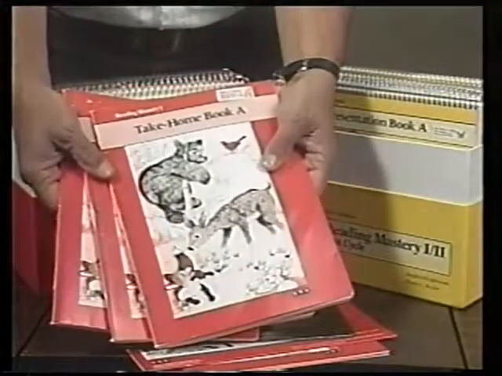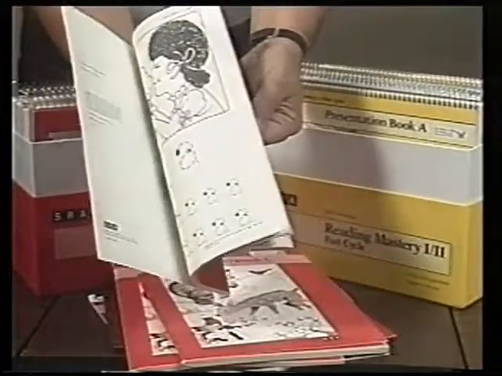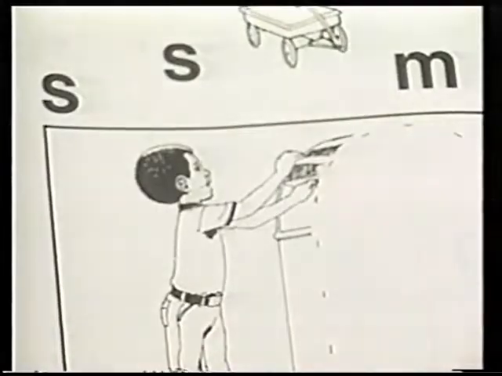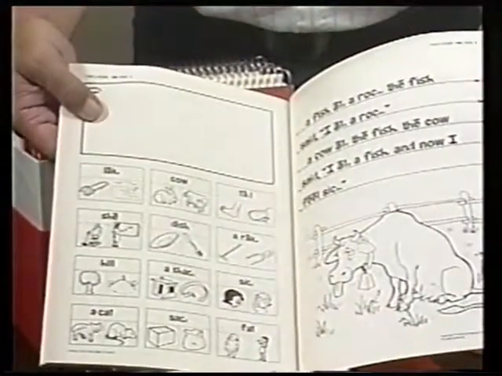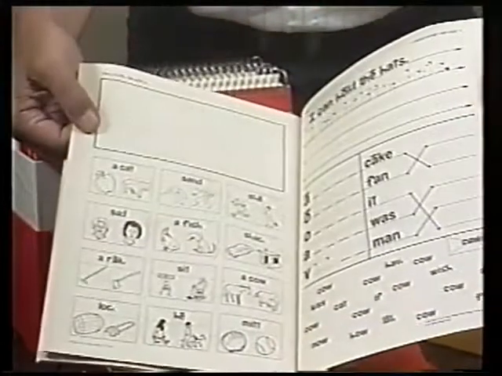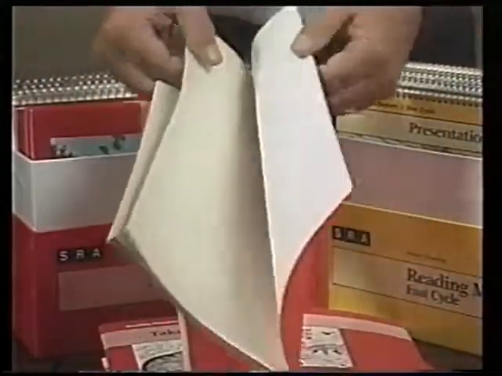Each student needs to have a set of consumable workbooks, 3 for Reading Mastery 1, 2 for Fast Cycle 1. These workbooks not only contain practice activities, but initially include stories the children are to read. Workbooks are called take-homes because children can take the pages home after they are completed and checked at school.